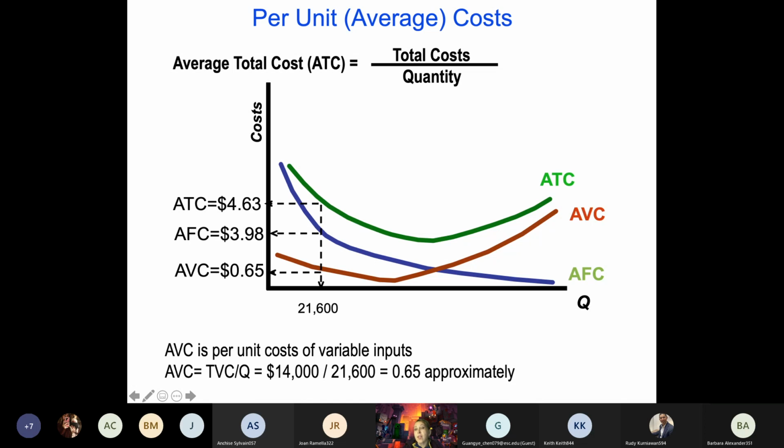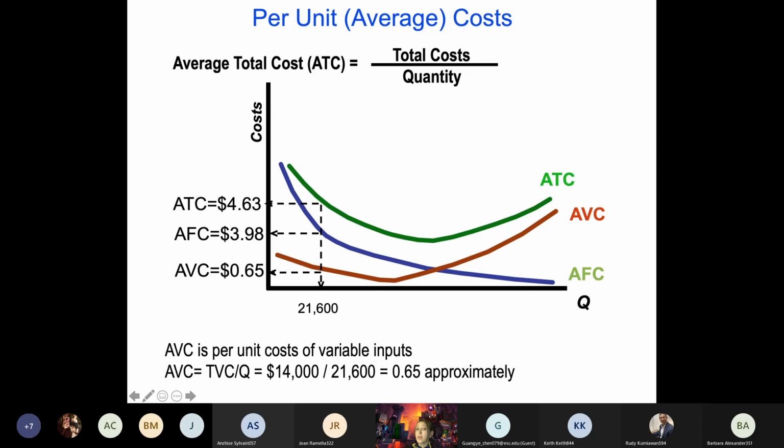Why do they start to increase? And why do they keep decreasing at first? Well, the larger scale of production often allows companies to buy more supplies and pay lower prices through bulk orders.